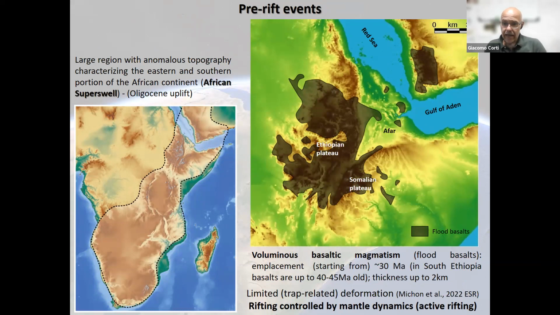Rifting in this area, as in many parts of the East African Rift, has been preceded by some significant related processes. On the one side, the rifting, as in many parts of East Africa, is superimposed on a very anomalous topography.